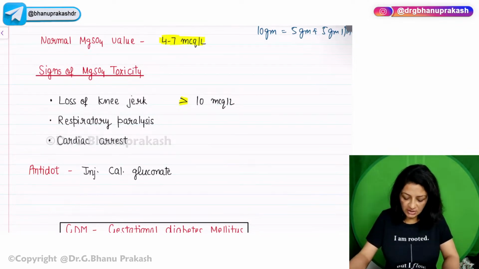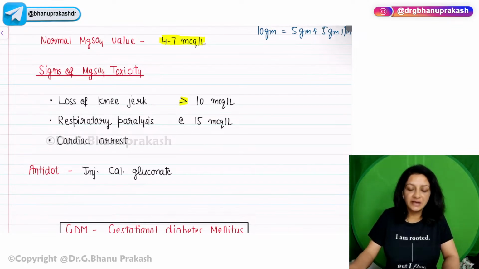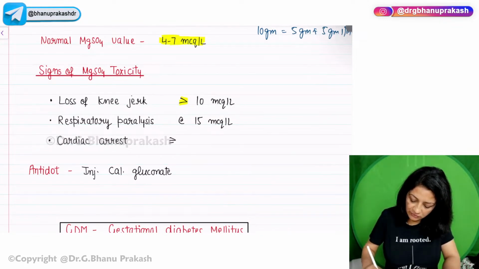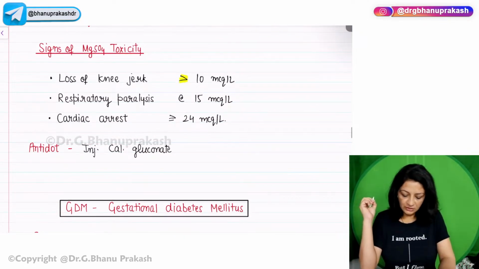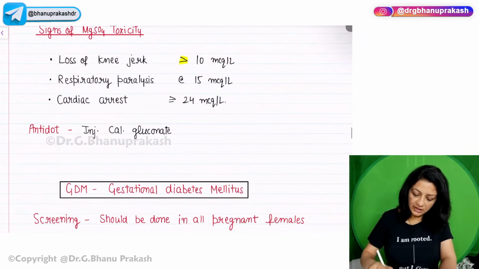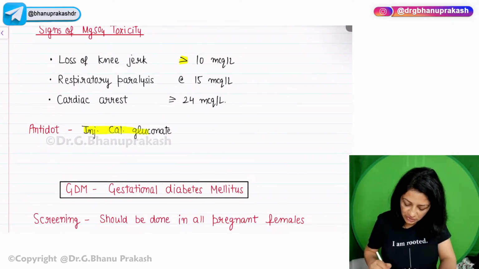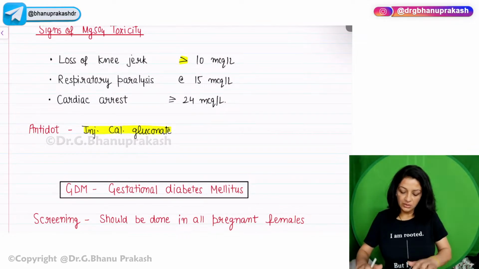Second one, respiratory paralysis at 15 milliequivalent, and the last one is cardiac arrest if the value is more than 24 milliequivalent per liter. So antidote क्या रहेगा? Injection calcium gluconate.